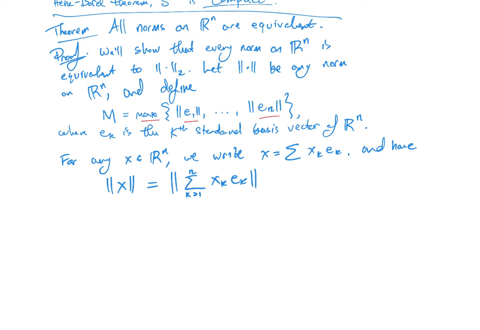Now, this is the sum of a bunch of scalars times vectors. By the properties of norms, we've got that linearity, so we can break this all up. By the triangle inequality, let's take this one step at a time, we have this.